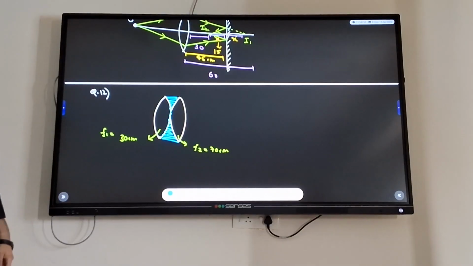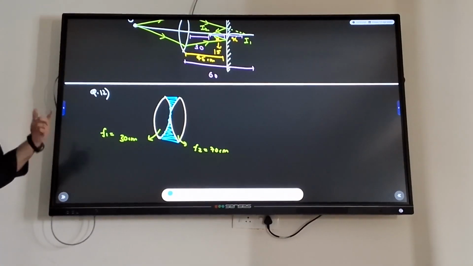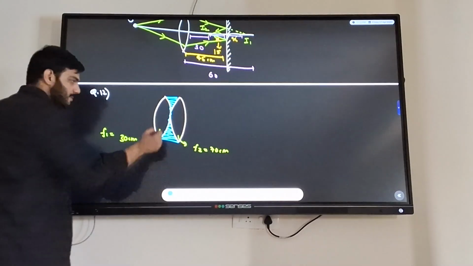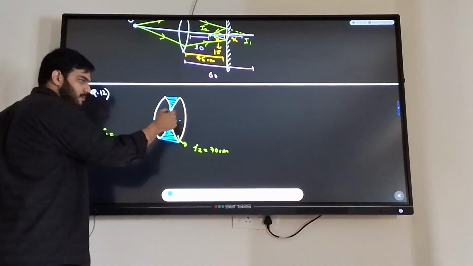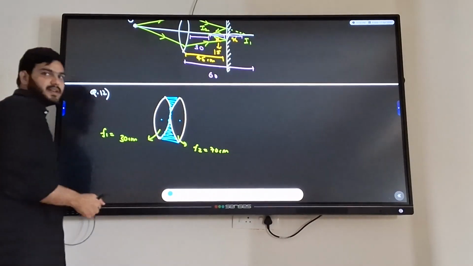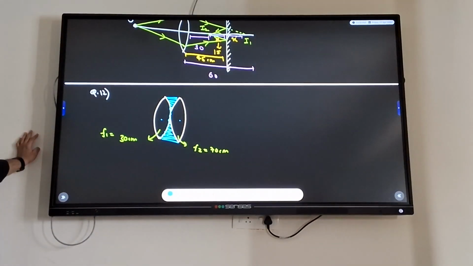They have given the distance of the object from the combination of lens, so not from this optical center, but from the combination which is at the middle. So if we talk about combination of lenses and the distance of the final combination, I should find my equivalent focal length as well. That will represent my final combination focal length.